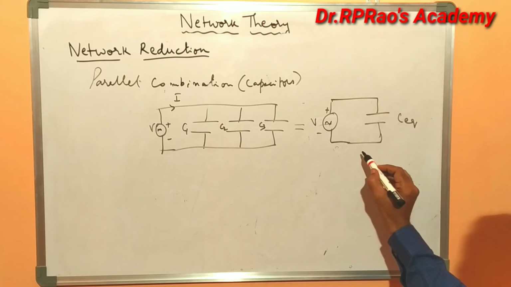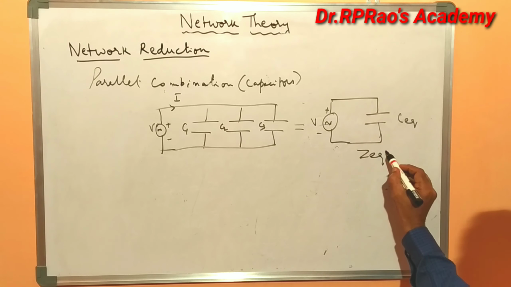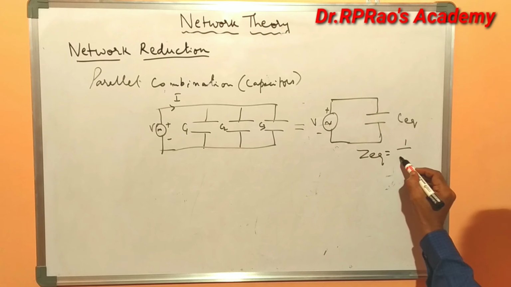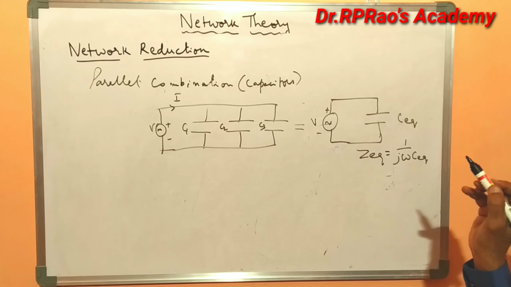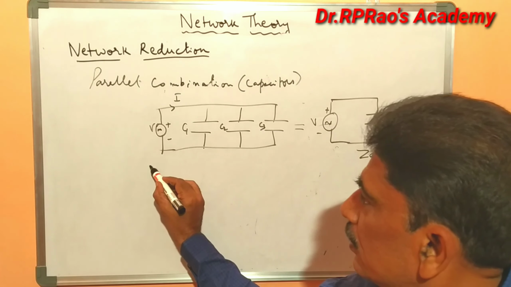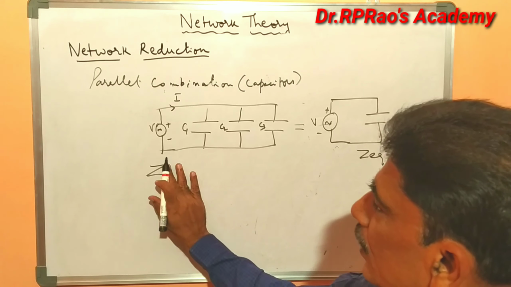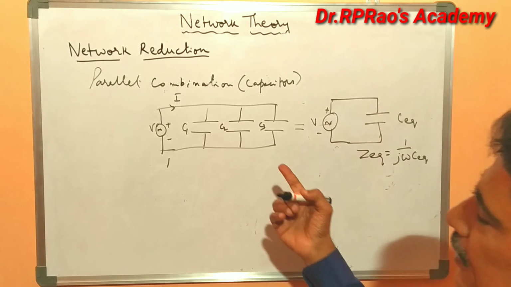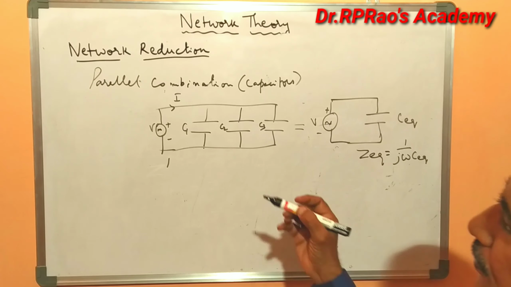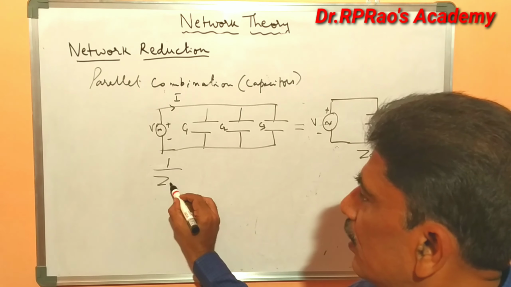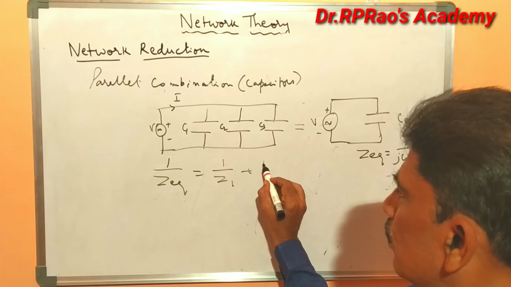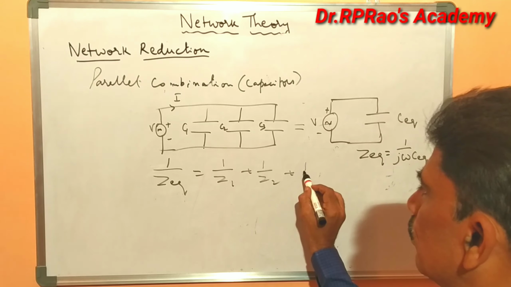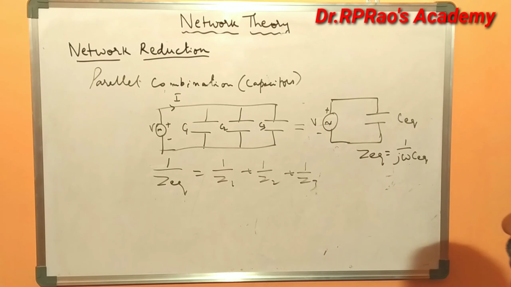So by using C equivalent, what is Z equivalent? Z equivalent is equal to 1 by j omega C equivalent. When they are connected in parallel, 1 by Z equivalent is equal to 1 by Z1 plus 1 by Z2 plus 1 by Z3.